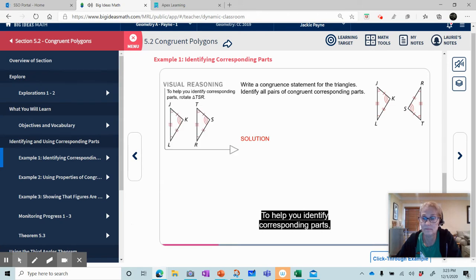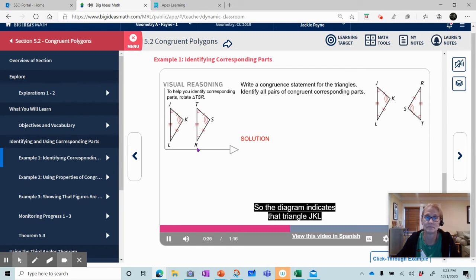To help you identify corresponding parts, rotate triangle TSR as shown. Now, from the diagram, you can see that vertex J corresponds to vertex T, vertex K corresponds to vertex S, and vertex L corresponds to vertex R. So the diagram indicates that triangle JKL is congruent to triangle TSR.